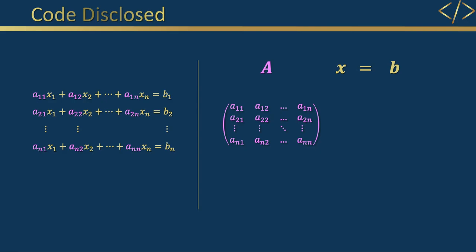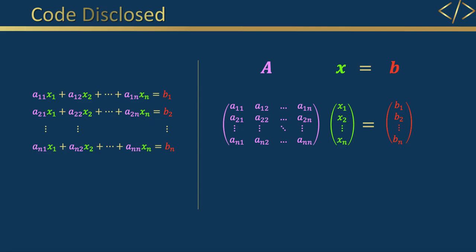X is the unknowns, x1, x2, all the way to xn. And b is the right-hand side of all of these equations, b1, b2, ending at bn.